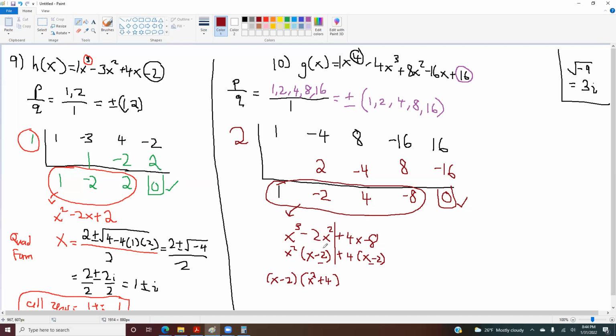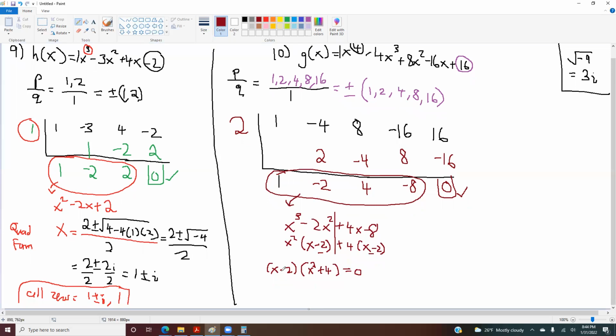And now we will have to solve this. You have to make this all equal to 0. So this will give us 2, because this is nice. Anyone know how to do this case? So this will be x squared plus 4 equals 0.